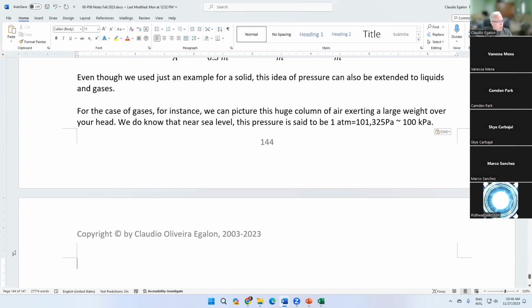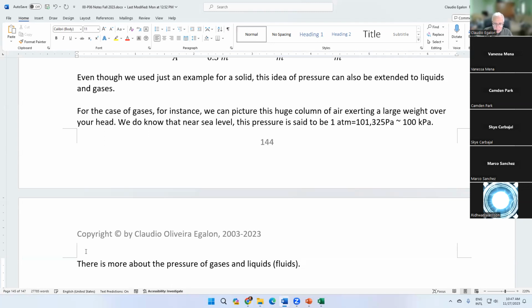But there is more about pressure. There is more about the pressure of gases and liquids, which, by the way, are also called fluids. Fluids are gases and liquids. Solids are not considered fluids, but gases and liquids are considered fluids because they can move. They can flow.